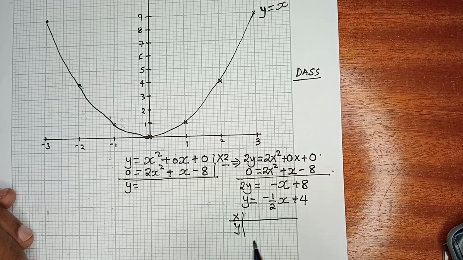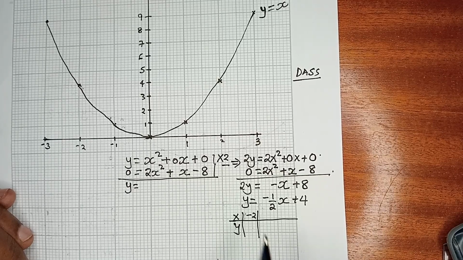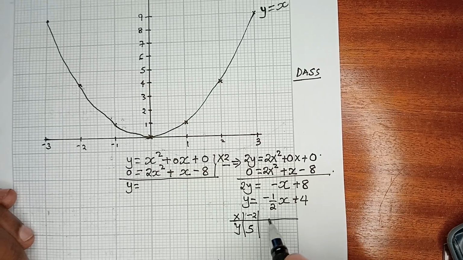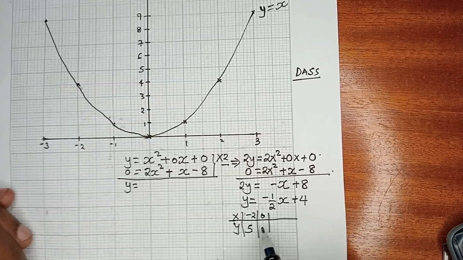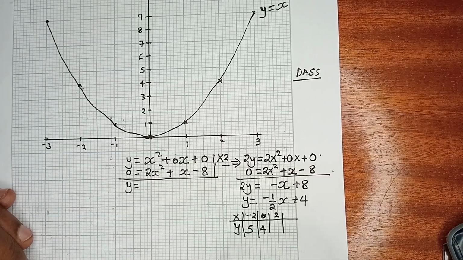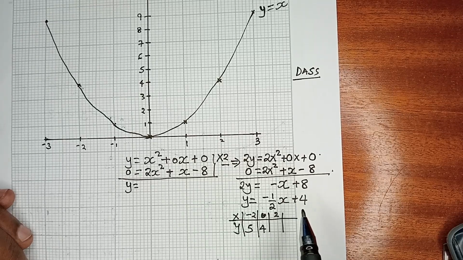When x is minus 2, minus a half times minus 2 is actually 1. 1 plus 4, we have a 5. When x is 0, we have y being 4. When x is 2, minus a half times 2 is minus 1.